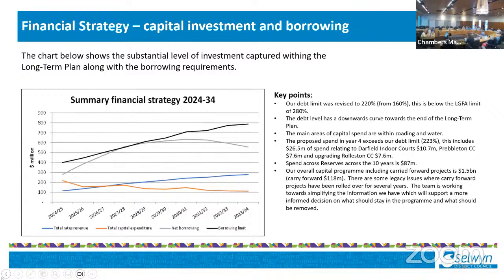70 of that was noted previously for being capital within infrastructure and property. That has now increased a little bit, and the balance sits as wider projects across the organisation. I think I've spoken quite a lot that we have got some legacy issues in here. Projects have been rolled over for a number of years.